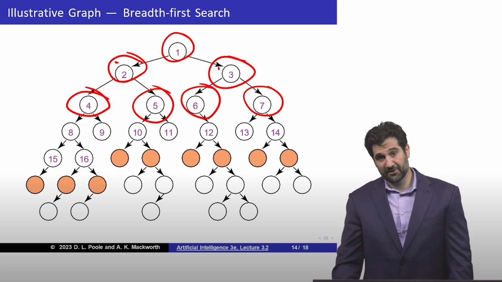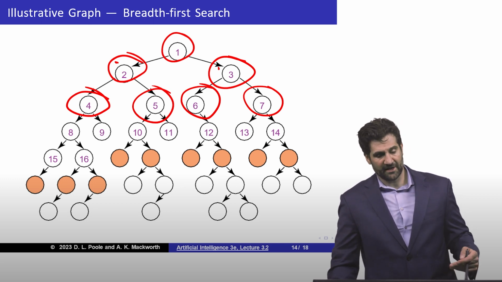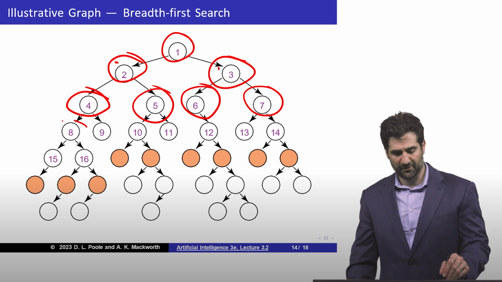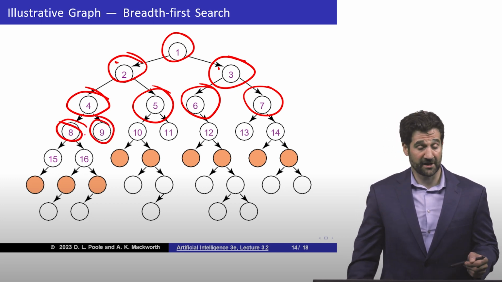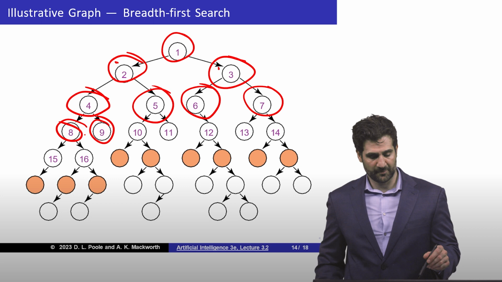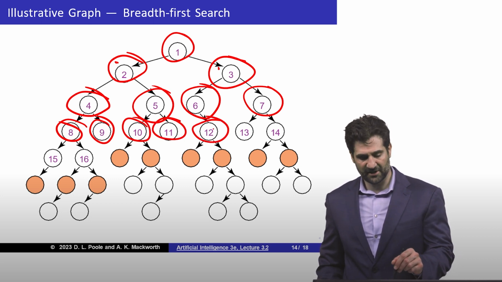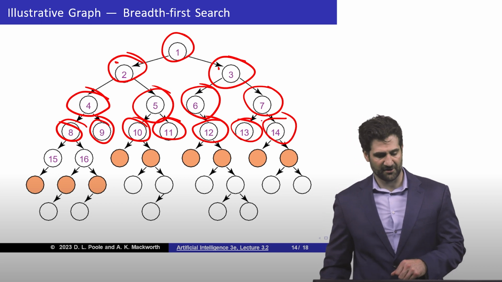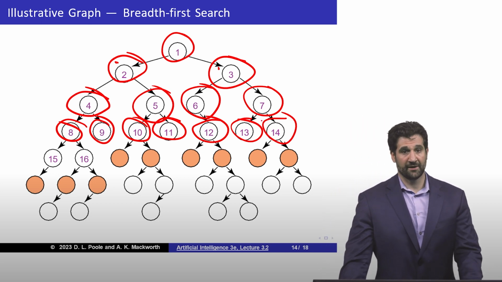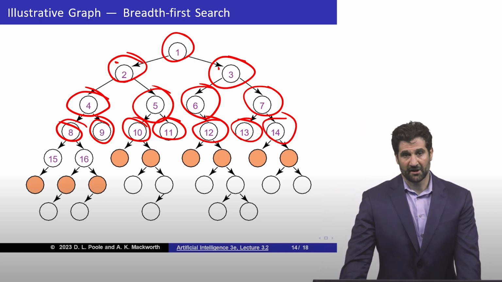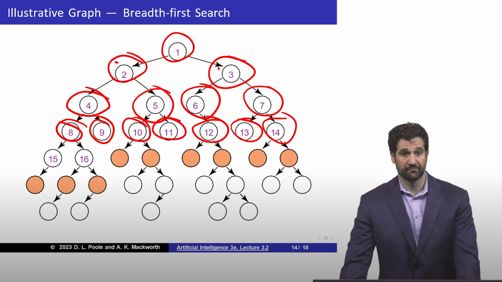So anyway, back to the frontier set. The oldest thing I had was 4, so I'm going to do 8 and 9. They're not goals. Then I'm going to expand out the neighbors of 5, which is 10 and 11, and I do the same for the other elements of the frontier. So now I have on the frontier nodes 8, 9, 10, 11, 12, 13, and 14.